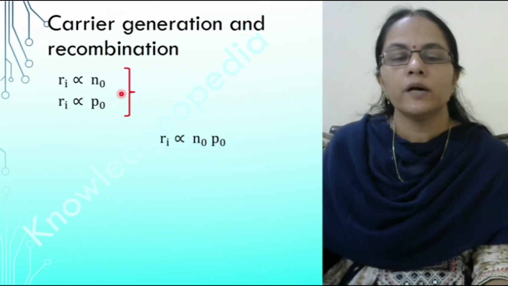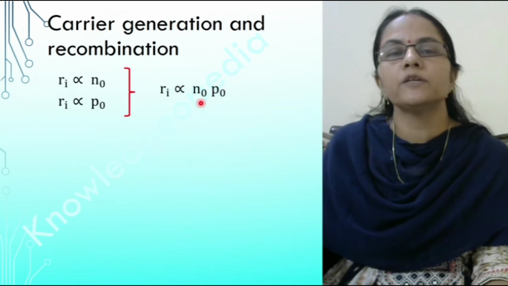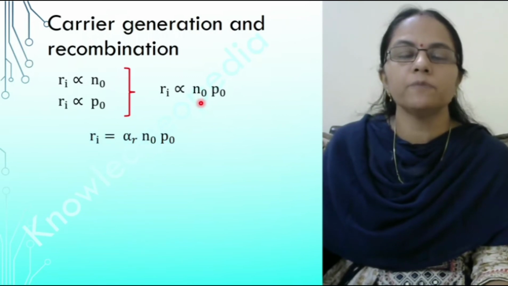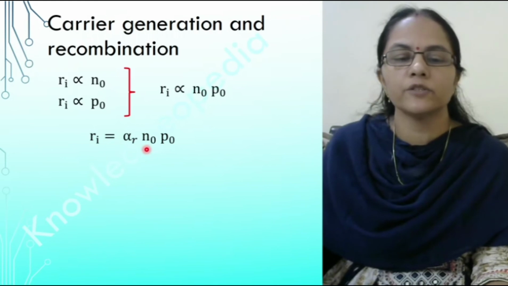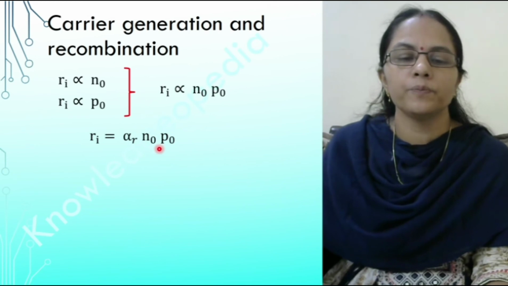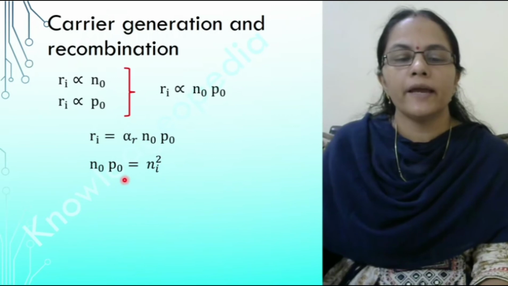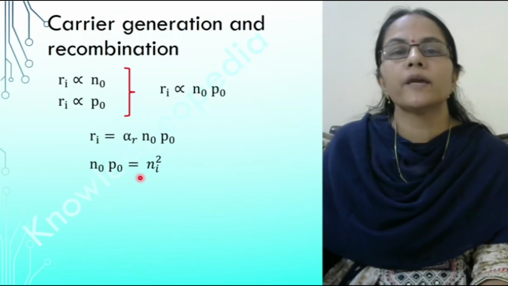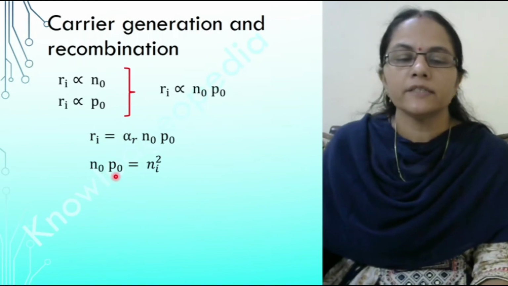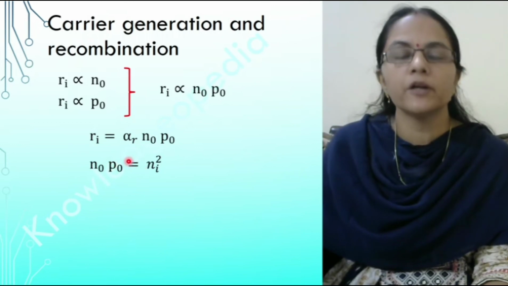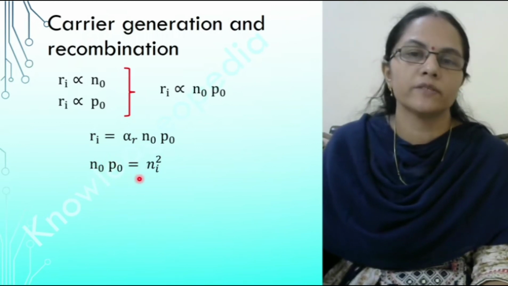Combining these two, I can write Ri is proportional to n0 p0. And if you remove the proportionality sign, then Ri is equal to some proportionality constant alpha R times n0 p0. Here you should know that n0 p0 is equal to ni square. n0 is the electron concentration, p0 is the hole concentration, and the product of n0 and p0 is equal to ni square.